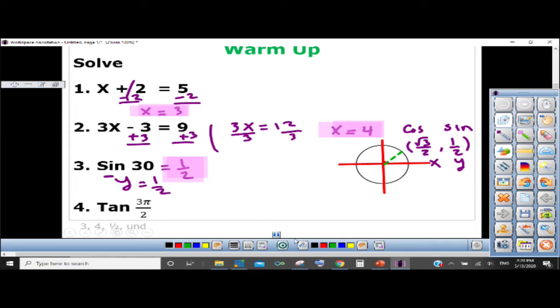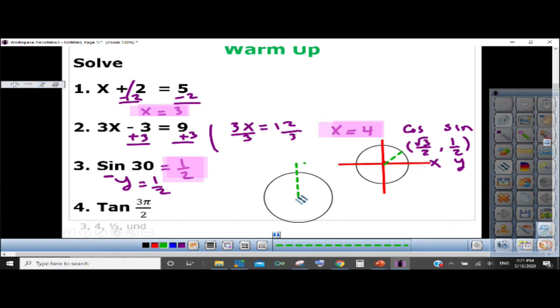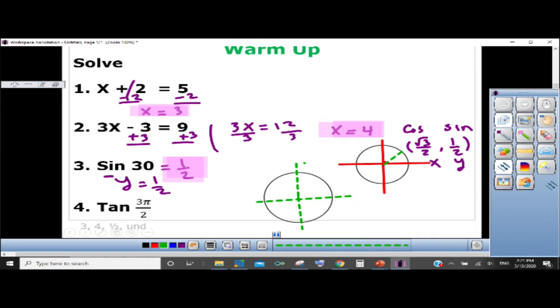Let me undo that and just give myself a little bit more room. Okay, here we go.